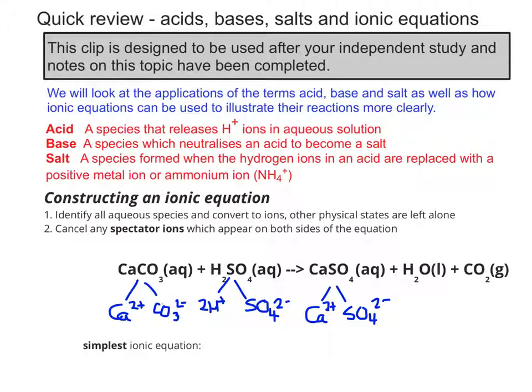So in this case, we just put the ions in. We don't have to go through the rigmarole of actually drawing them out as a big long equation, because we've done that a couple of times already, so we can shortcut this a little bit. Get rid of the spectator ions on both sides to give us the simplest ionic equation for the neutralisation using a carbonate and an acid.